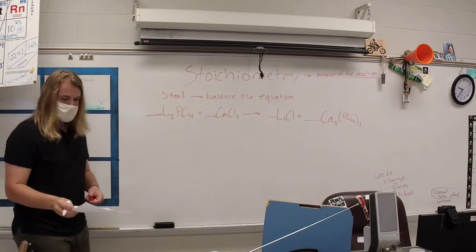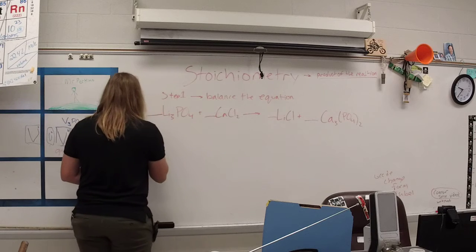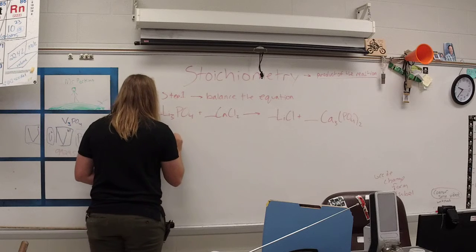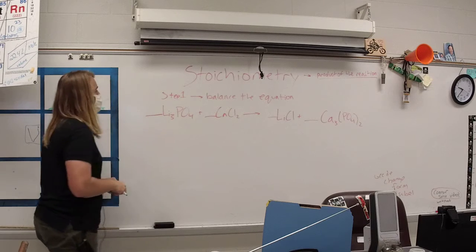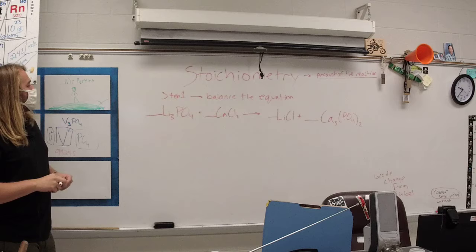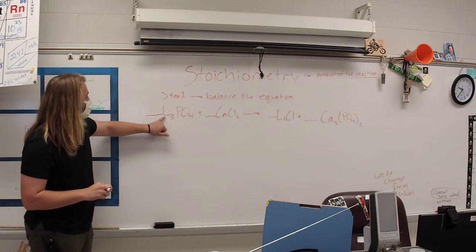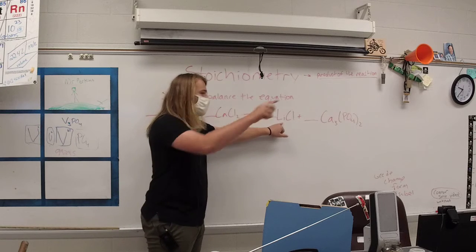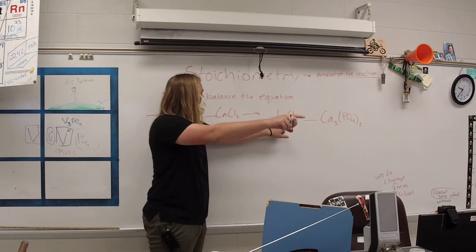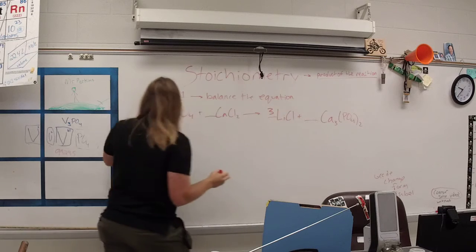Okay. What is our problem? Let's actually balance this first. I'm going to need some help with this. We have 3 lithium here. White shirt at the front, where do we put the coefficient? We put a 3 right here. Okay, that balances out.